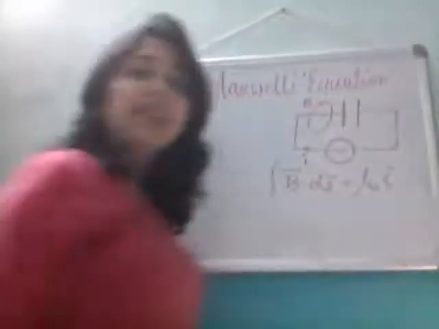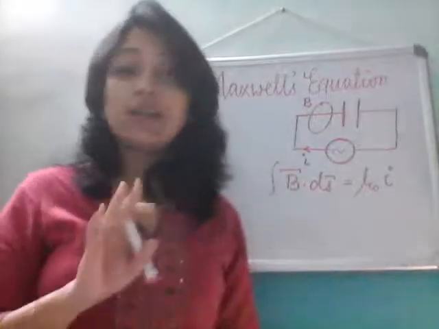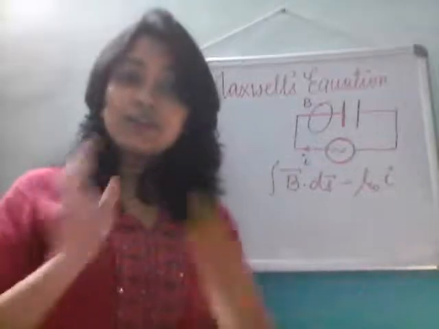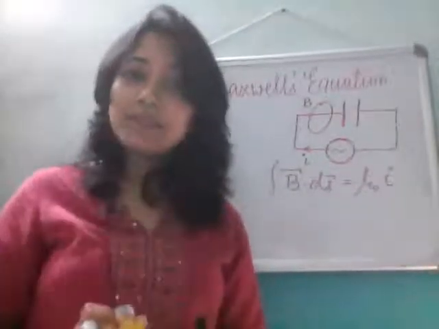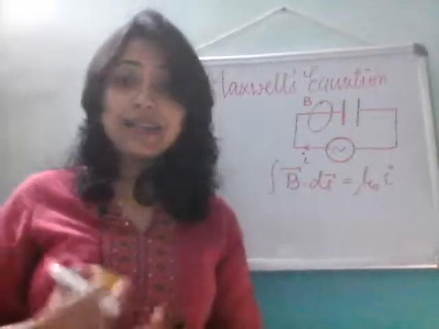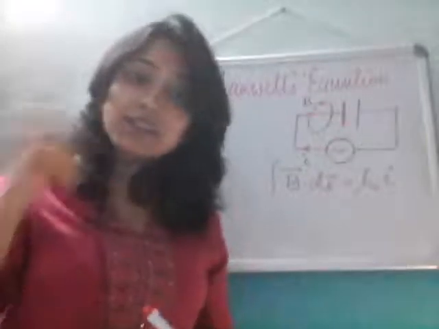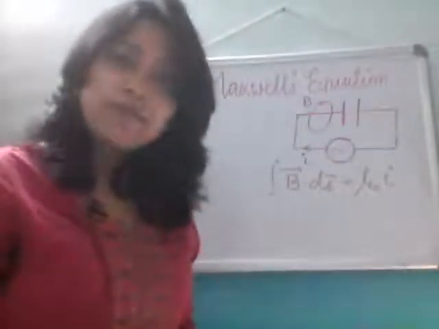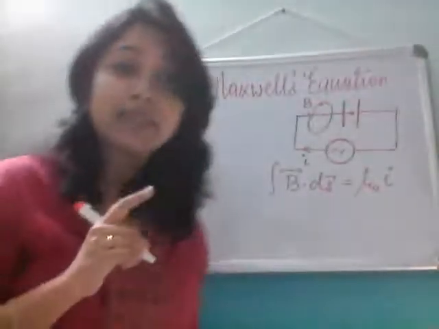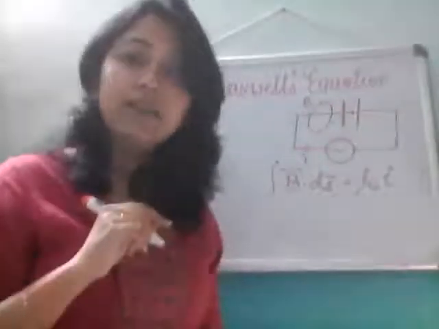But now think, what will happen inside the capacitor? The capacitor does not have any conduction. There are no conductors between the two plates of the capacitor, which means at this point the circuit is getting broken, isn't it? The circuit is no longer a closed circuit, right? Then what was seen when another magnetic needle was placed within the capacitor?